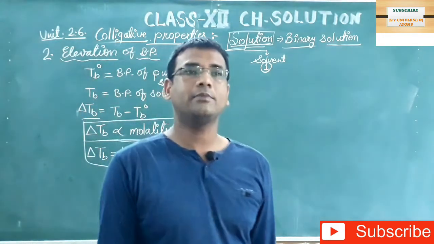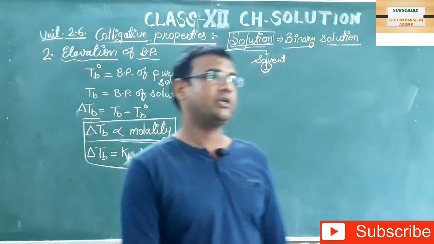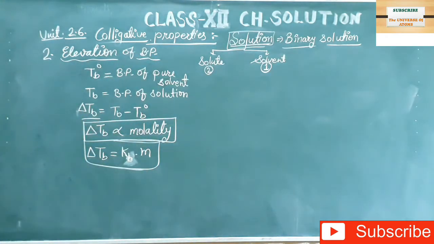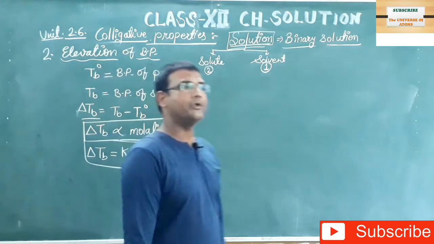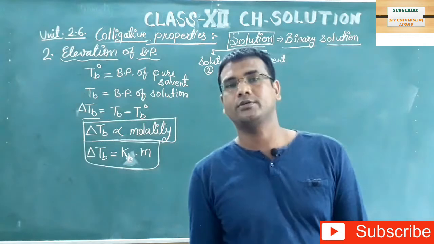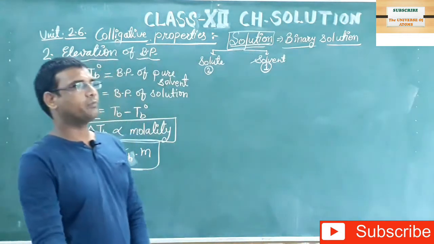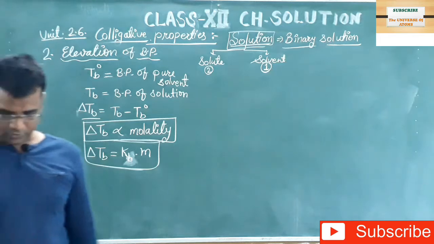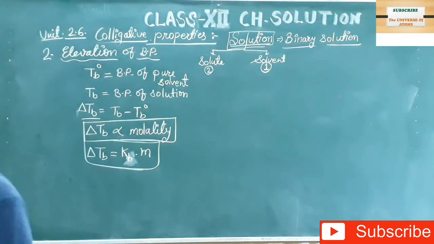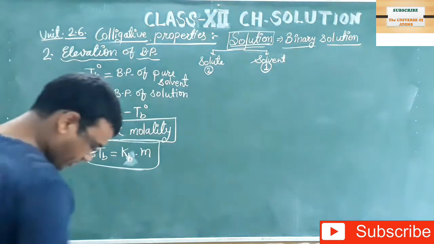If you put capital M here, the expression will be wrong, so here we use small m as the notation for molality. So delta TB is equal to Kb into molality. There are three names of this Kb. You have to learn them by heart, because all three are important. First, the boiling point elevation constant. Second, the molar elevation constant. And the third is the ebullioscopic constant. So these three names are important.